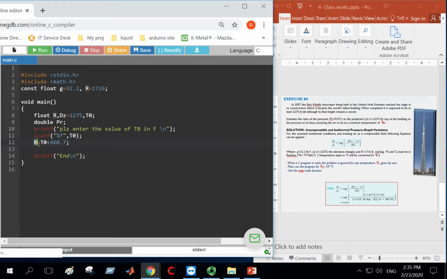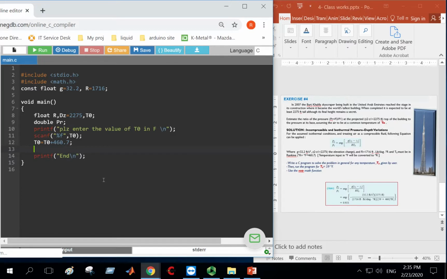Because we have a variable called R, I will write T0 equals the new temperature, which equals the old temperature plus 460. That means we converted the temperature from Fahrenheit to Rankine already, and I don't want to use R because I have a variable called R. We can keep it like this, no problem. We can declare another variable, it's up to you, but I prefer to do it like this. Then we have the temperature already converted.